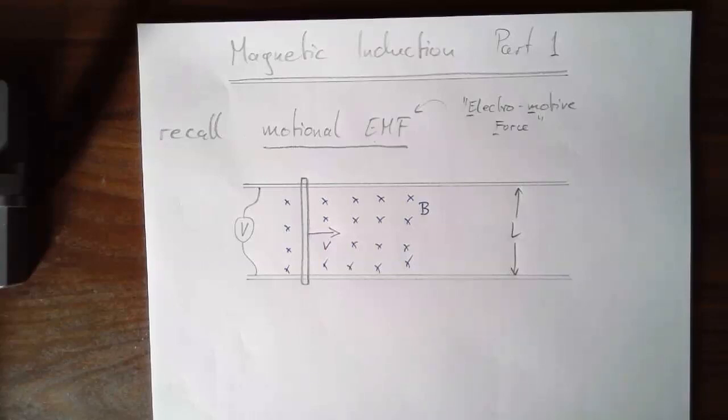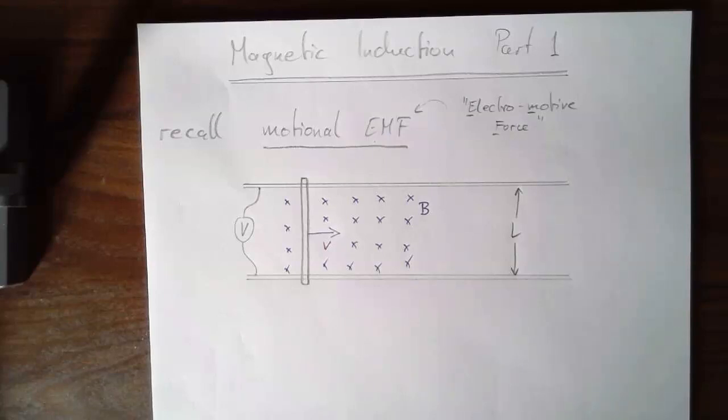So magnetic induction is essentially an overarching name for creating currents, like electrical currents, using either motion through a magnetic field or using changing magnetic fields to change over time.